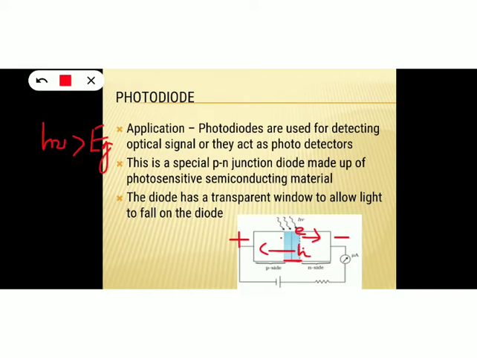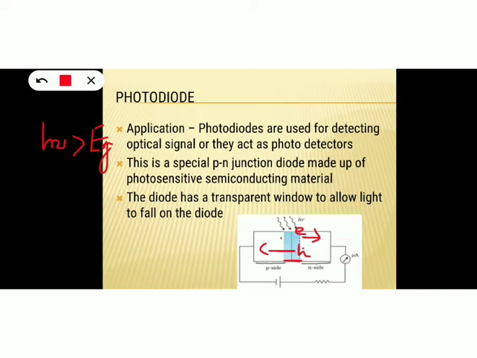Due to this EMF a current flows through the photodiode, known as the photocurrent, and the potential difference developed is known as the photovoltage. So this is about the working of the photodiode.